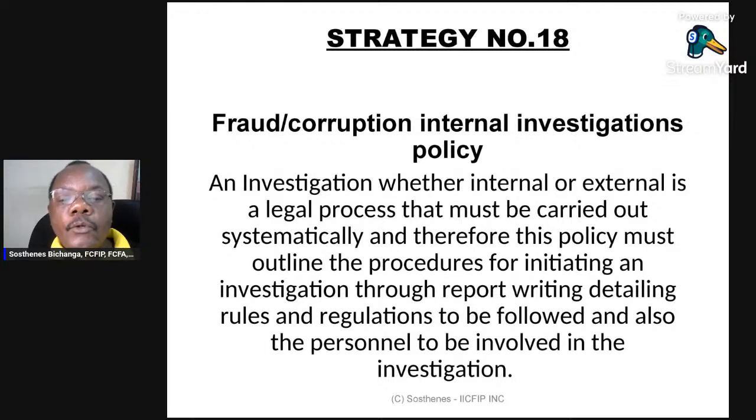B. Ensure the internal investigations are in compliance with other procedures, rules, policies of the organization. C. Ensure that the investigation is done according to generally accepted investigation standards, taking into account global investigative practices.